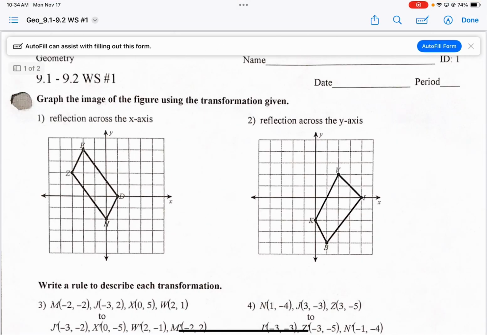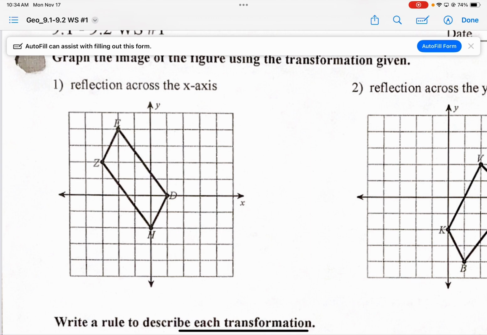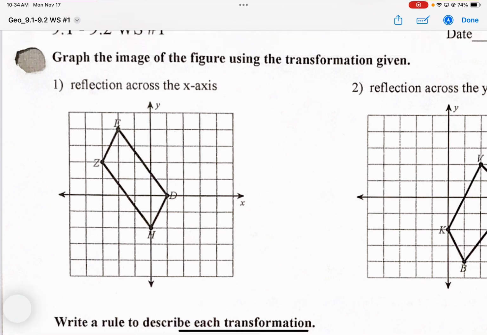So if I just use this picture, let's start with D. D is at the coordinate point (1, 0). I want to reflect it across the x-axis, which means over this line right here. But D is on that line. So where's D prime going to go? It's the same spot, right?